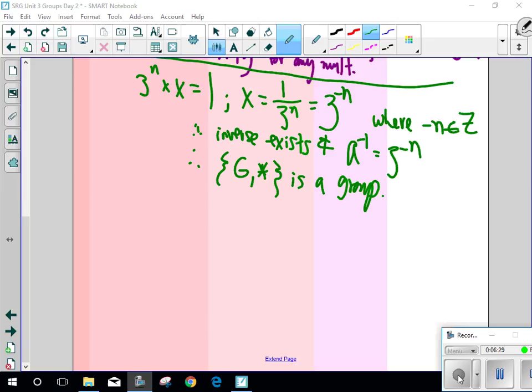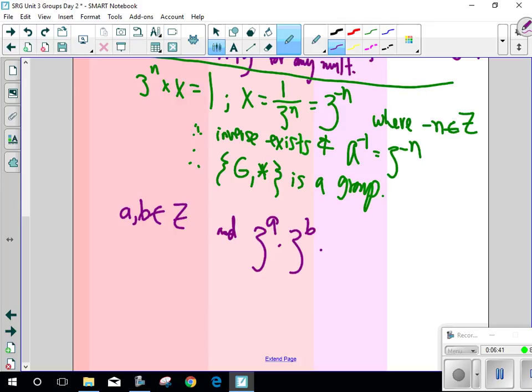All right, let's do commutative real quick. So if A and B are elements of the integers, and 3 to the A times 3 to the B, what's that equal to? 3 to the A plus B? Is that equal to 3 to the B plus A?